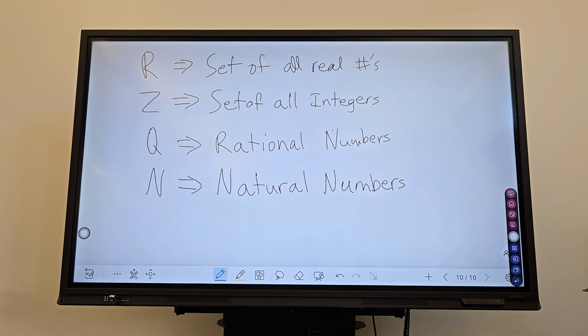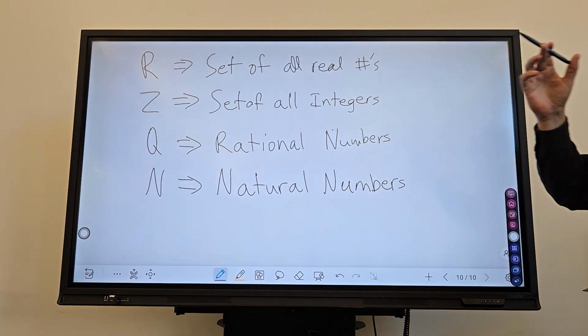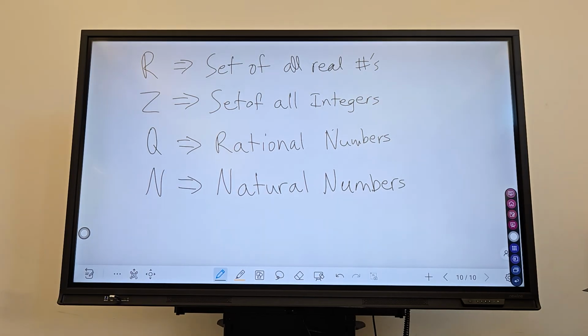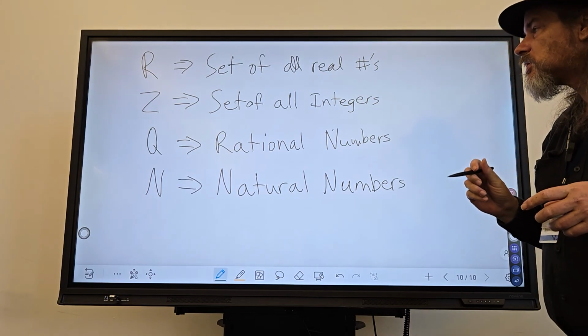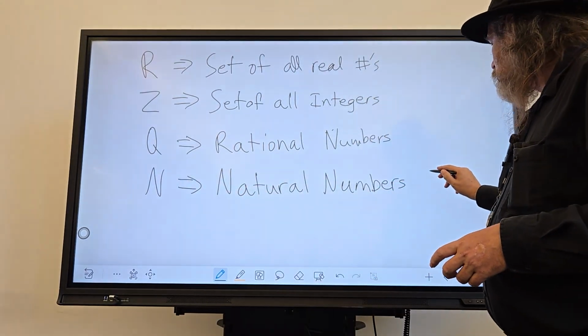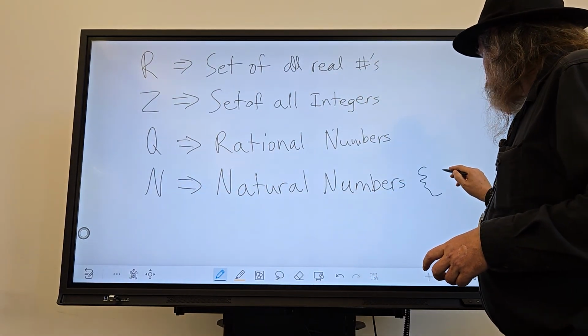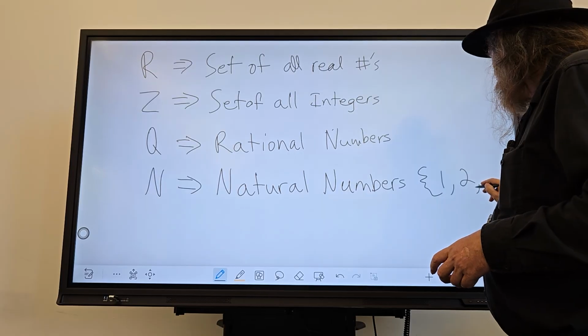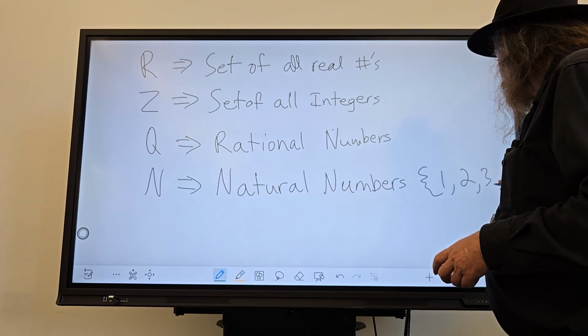But the Q for rational numbers, think quotients. Every rational number is a quotient. Natural numbers are 1, 2, 3, etc.